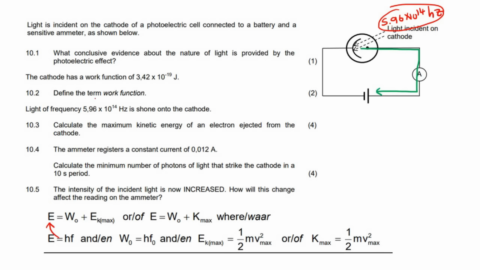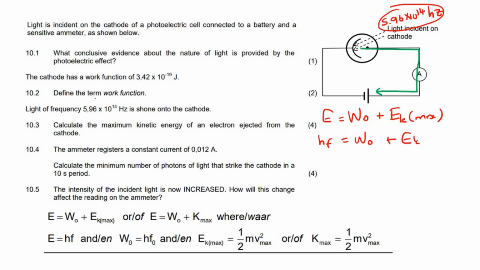We could just say E equals work function plus EK maximum, and we could replace E with hf. I've explained this in the lessons, so have a look at that if you don't know this chapter too well.